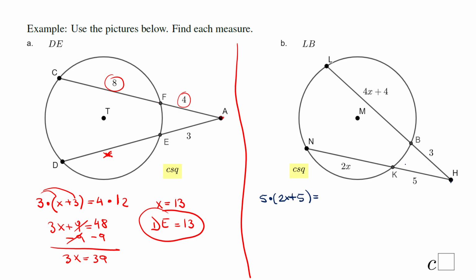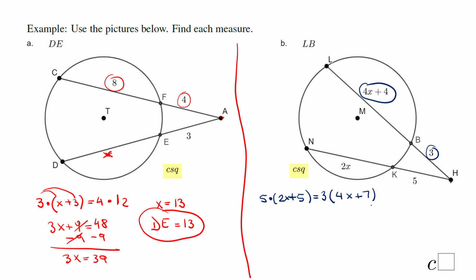Equal. So now we're going to move and do the same thing for the other side, and we're going to start from H. HB, that is 3, times what now? And here you have to be careful. This is this 3 plus this 4x plus 4. So that will be 4x plus 7.